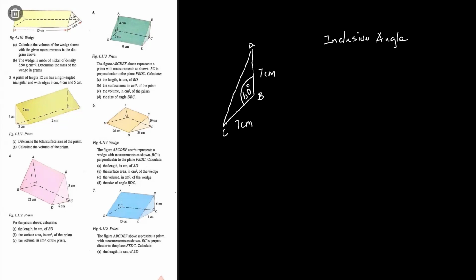Now for the area of a triangle with an angle, you remember what you all had to do for this one? So the area is a half AB.